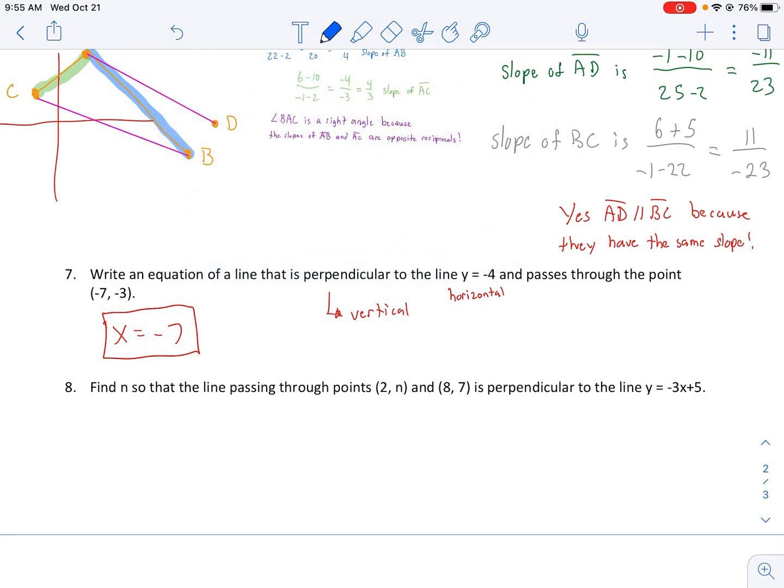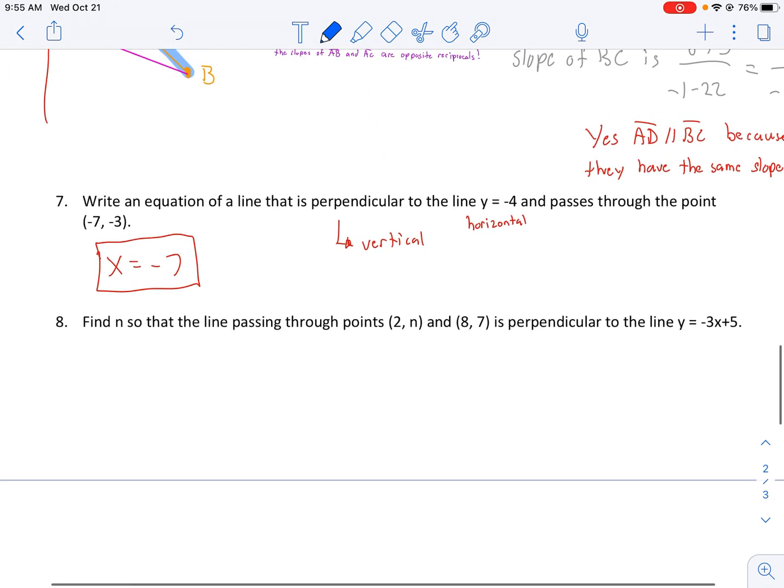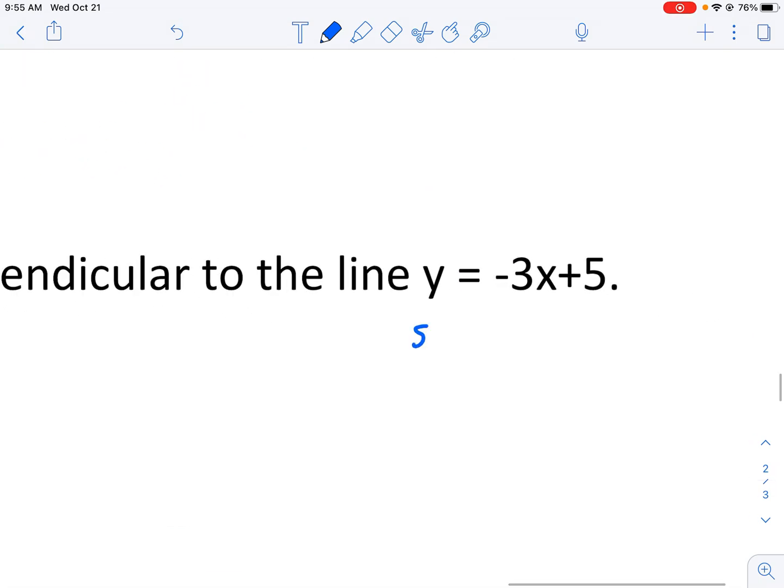And finally, number 8, very similar to what we did on the last problem set, we're going to find this missing number. We're going to find n so that the line that passes through these 2 points is perpendicular to this line. If it's perpendicular to this line, then the slope we want is opposite, so positive, and then reciprocal, 1/3.